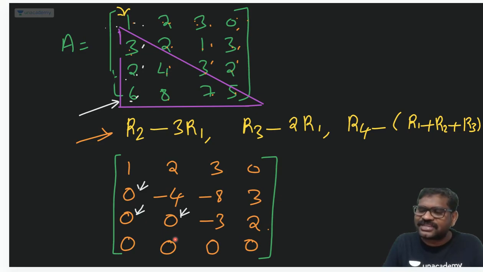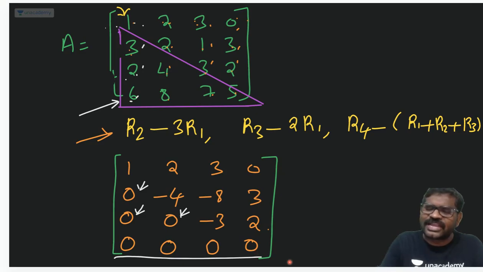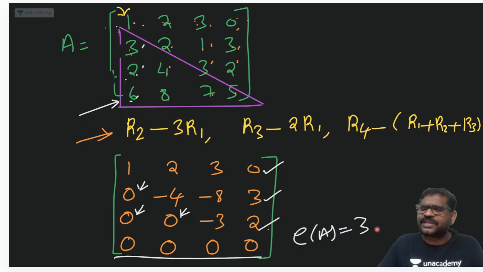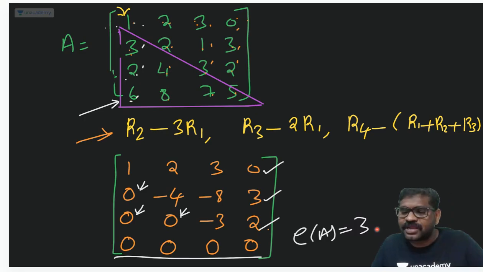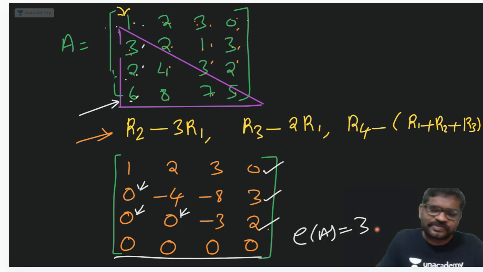Clearly increasing. Now the 0 row appears last. Therefore, rank is the number of non-zero rows, 3. Therefore, rank of A is 3. Understood? Observe the next example.